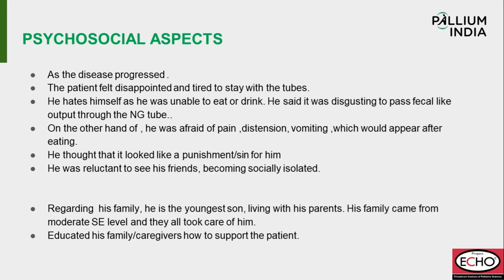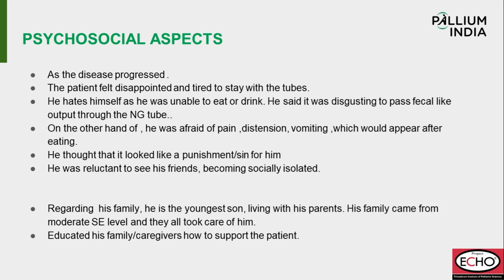So on one hand he wanted to eat, but on the other side he was afraid of pain, so he had a fear of eating. He thought it looked like a punishment for him, and he was reluctant to meet his friends, and he became socially isolated.